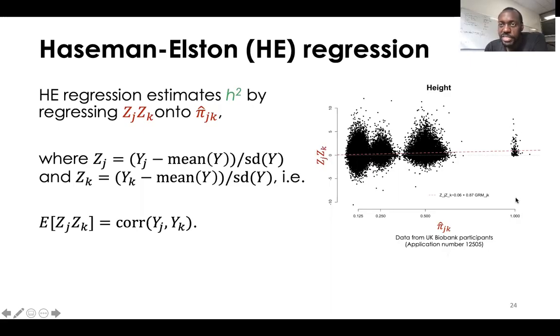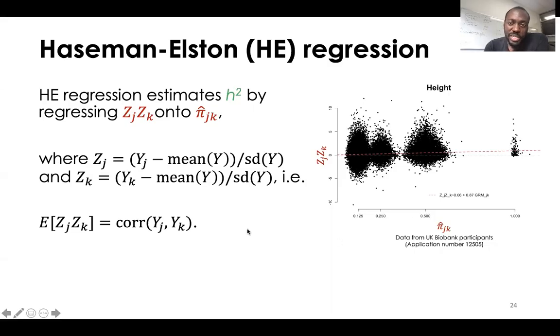Around 1, we have exactly the monozygotic twins or MZ twins. The ZjZks on the y-axis are calculated using height by subtracting the mean and dividing by the standard deviation. I also subtracted the differences between males and females, just to make things a bit neater.